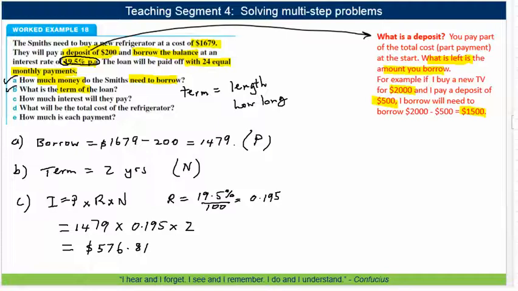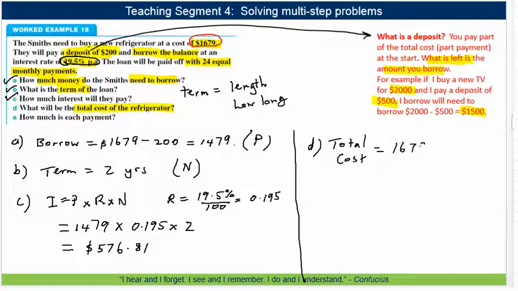Okay, so we've done A, we've done B, we've done C. Then we ask, what is the total cost of the refrigerator? So if you just bought it initially, the total cost would have been that. But you've borrowed the money, so you've actually incurred some extra costs because of the interest. So the total cost is going to be equal to the total cost of the item, $2,679, plus the interest, which is $576.81.